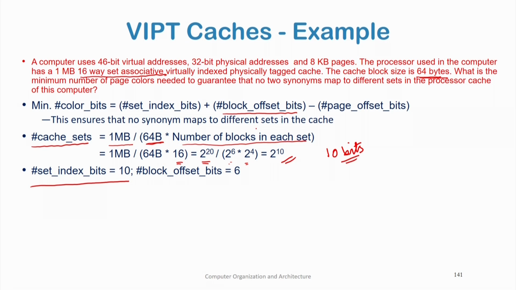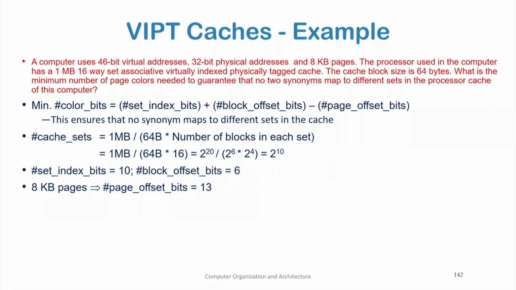And block offset bits, as we saw here, the number of bytes in a block is the block offset. So, the block offset bit is 6.